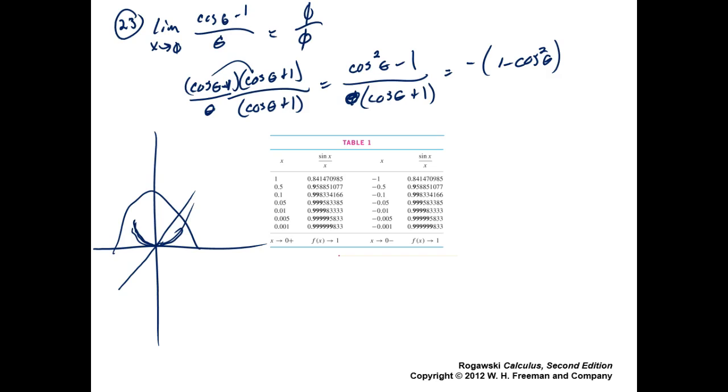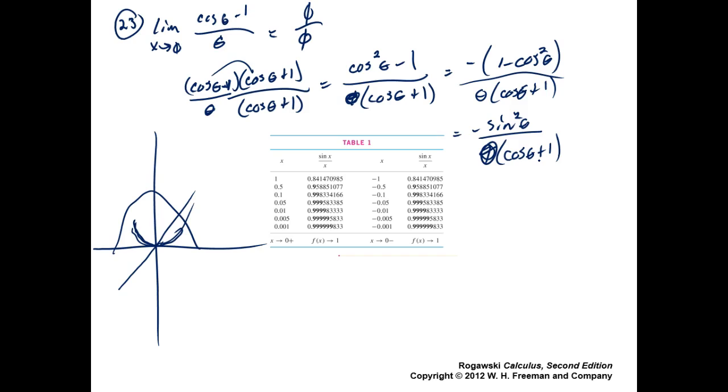Actually, there is a way, but we haven't gotten there yet. Now that I think about this, okay, so this will be minus sine squared theta over theta times cosine theta plus 1.